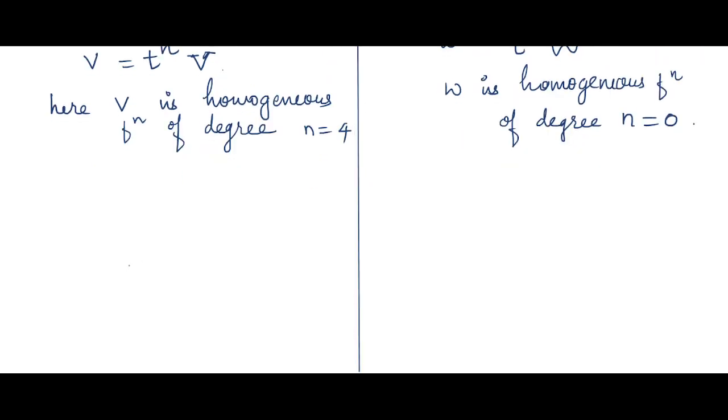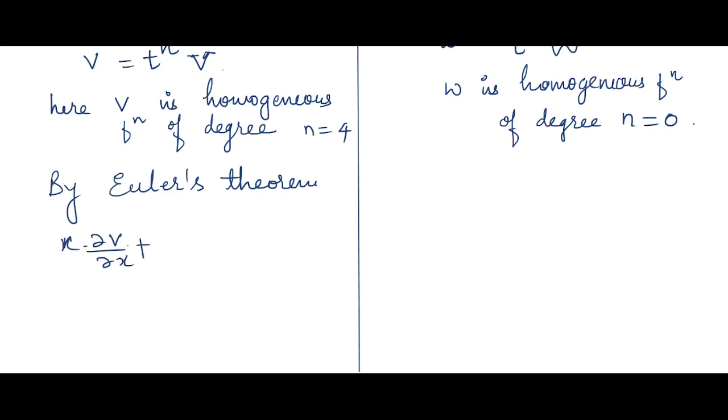So for V, if we apply Euler's theorem, x into dabba V by dabba x plus y into dabba V by dabba y plus z into dabba V by dabba z is equal to n into V, but here n for V is 4, this is 4 into V.